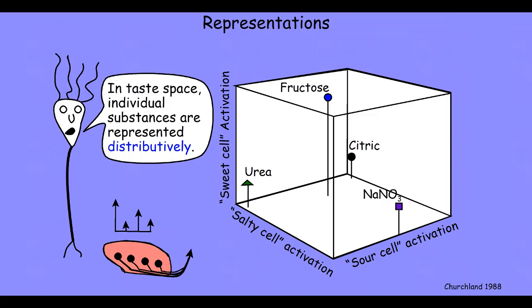And the taste of each individual thing within that taste space, whether it's table salt or citric acid or fructose or urea, is represented distributively. It is a vector that is a magnitude of activation across sweetness, saltiness, and sourness, as urea here is: this far out in sour, this far out in salty, this far up in sweetness.